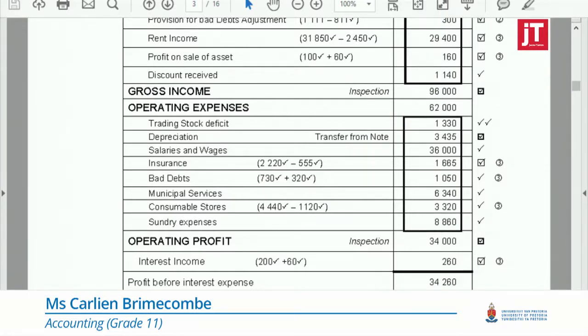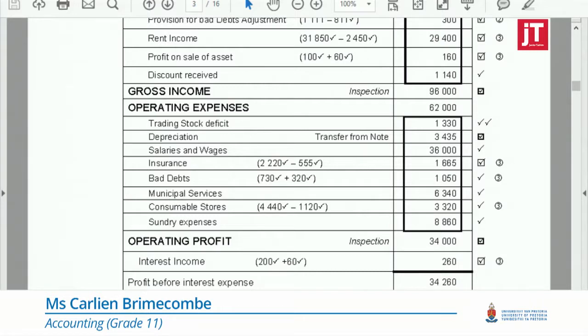If we didn't notice that mistake, if I didn't see it in the test and I didn't correct it, would I get a method mark for my answer at the bottom? Yes, as long as your steps are done correctly. Okay. But can you see, this is an easy mistake to make. That's 60 Rand to forget, but I need to change the profit on the sale of asset because they haven't done step number 2.